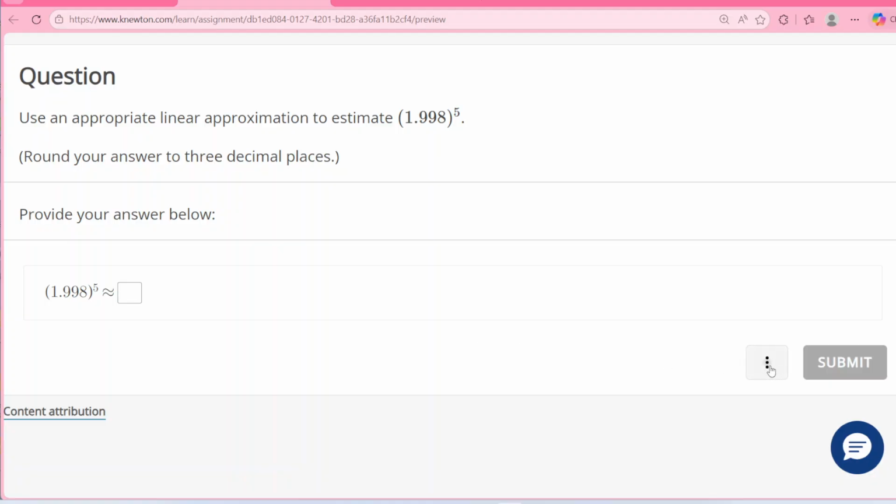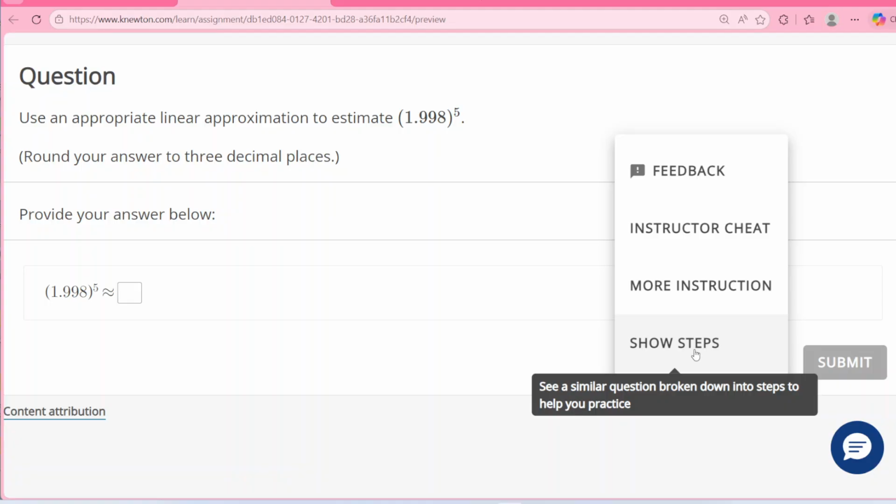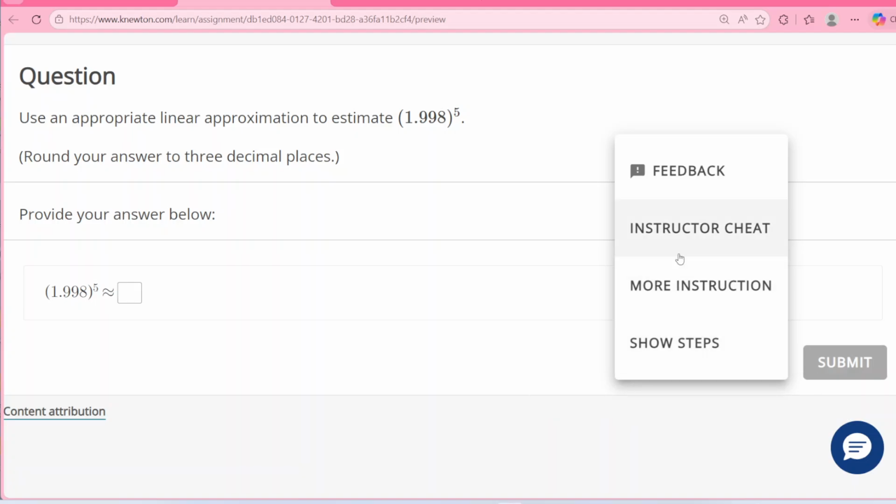At the bottom of every question, you have to click on the little dots here. Some problems have show steps. I haven't really done this too much in other videos, but most questions should have a feedback spot. If you notice any issues with a question or with the answer explanations, you can click on feedback and send feedback directly to Knewton's support, and hopefully someone will get back to you relatively quickly to address any issue you may have.